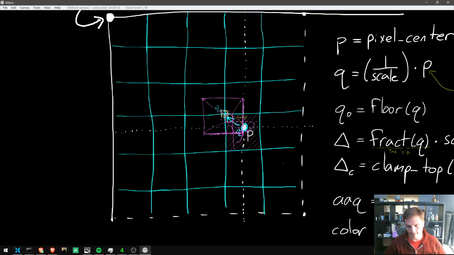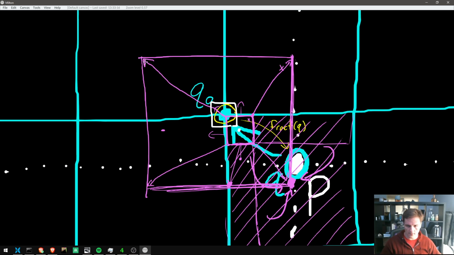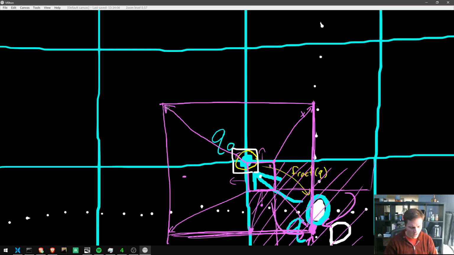Then the difference, this minus q naught, is negative 0.45 times 10, that's negative 4.5, clamped to negative 0.5. So you end up getting 3 minus 0.5.